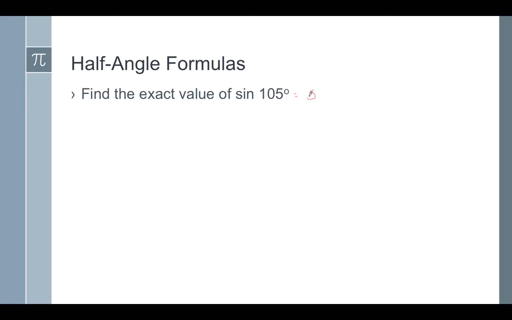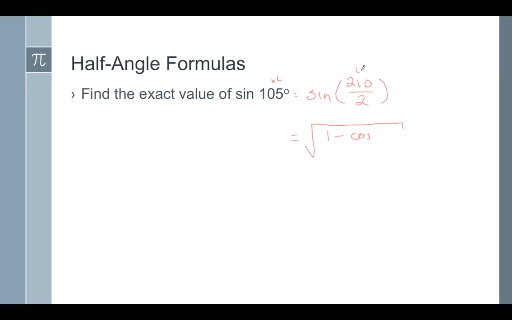So what I need to do is first say that this is the sine of something over 2. And all you need to do is multiply this number by 2, and you get 210. And if you look at your identity, you have a u over 2. So this is going to equal the big square root of 1 minus the cosine of u.